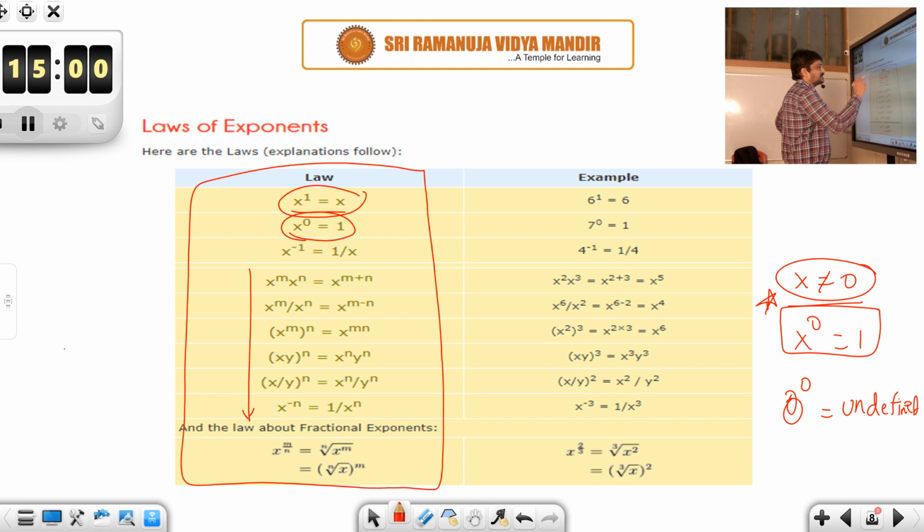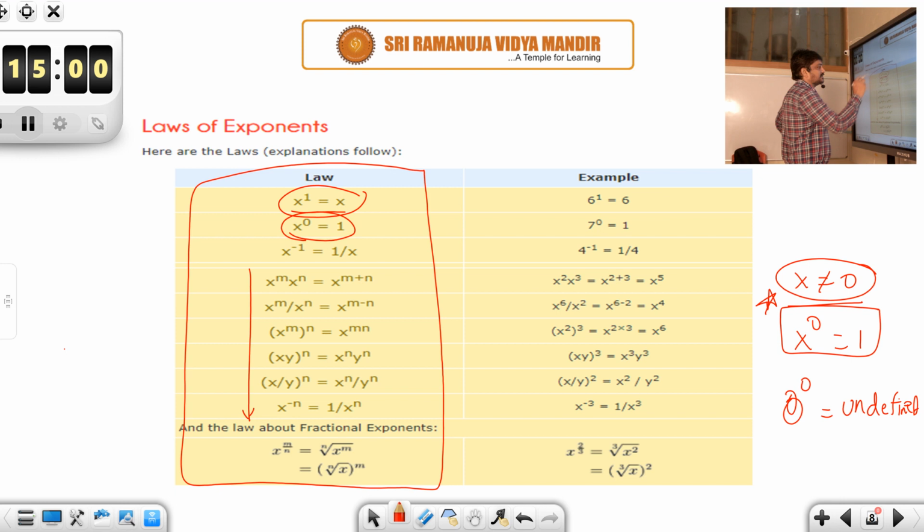And then we have discussed these laws. X power m times x power n is equal to x power m plus n. X power m by x power n is equal to x power m minus n. And then x power m whole power n is equal to x power mn. Xy whole power n is equal to x power n y power n.